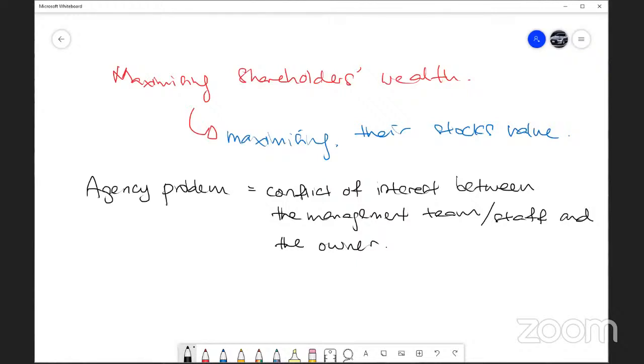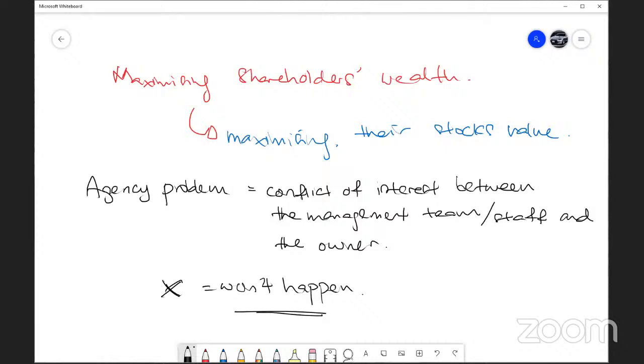So in this case, no, it won't happen. Why? Because sole proprietorships and partnerships are usually owned or run by the owners themselves. So when the owner is running their own business, their goal is the company goal.